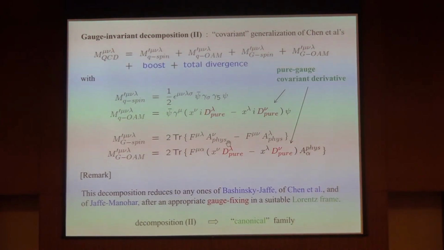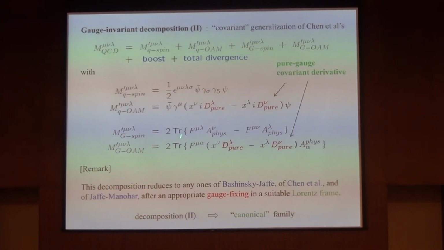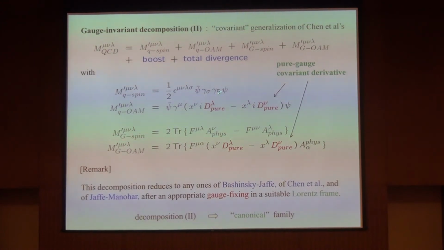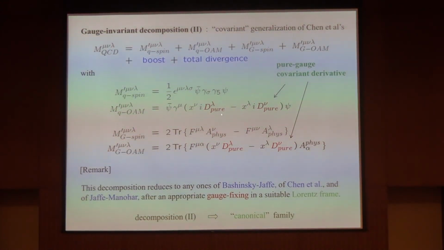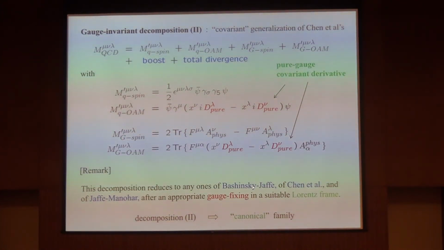And we start with decomposition 2, which is a seemingly covariant generalization of the Chen decomposition. The characteristic feature of this decomposition is that the quark OAM part and the gluon OAM part both contain a pure gauge covariant derivative, in which the gluon field is replaced by a pure gauge component. And a remark is that this decomposition reduces to any one of the Bashinsky-Jaffe decomposition, the Chen decomposition, and the Jaffe-Manohar decomposition after appropriate gauge fixing in a suitable Lorentz frame.